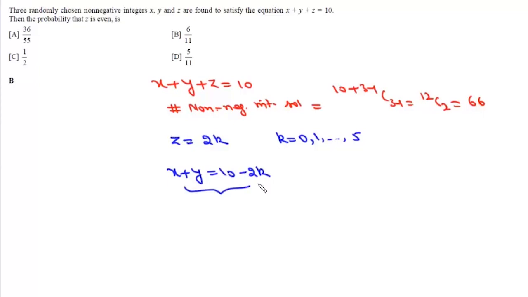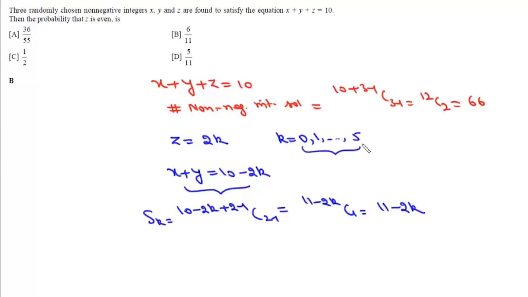Now the number of non-negative integral solutions is given by n plus r minus 1 C r minus 1, which in this case will be 11 minus 2k C1, and that is 11 minus 2k.